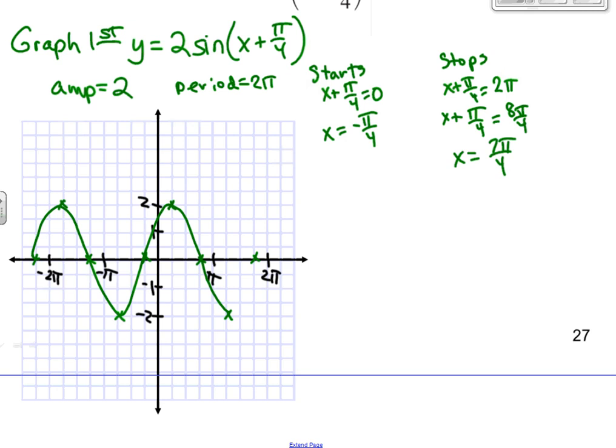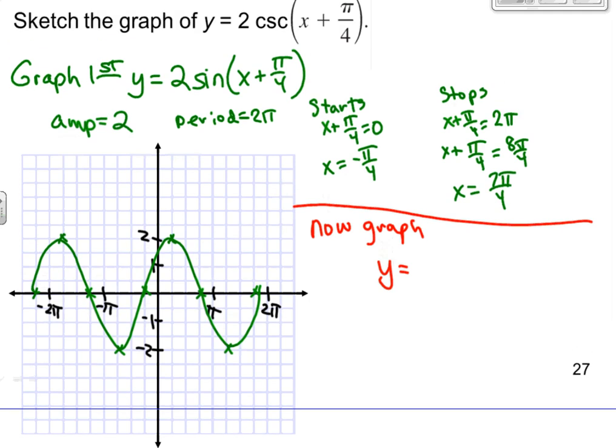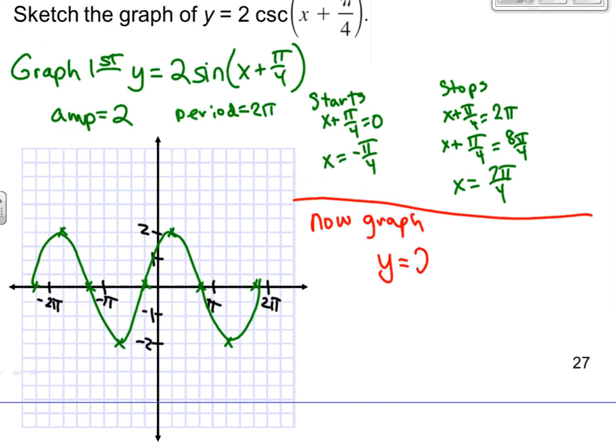So here's my sine function, and now I'm going to do the reciprocal function. So now I'll graph y equals 2 cosecant of x plus pi over 4.